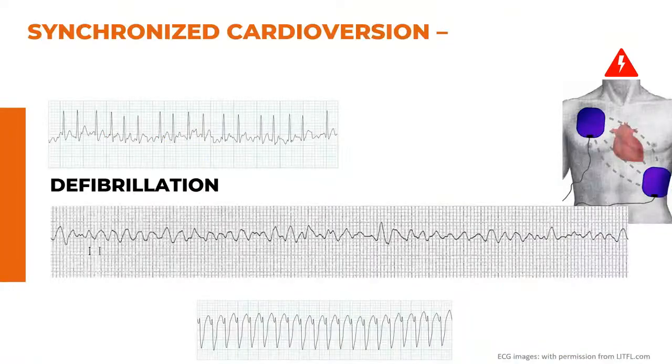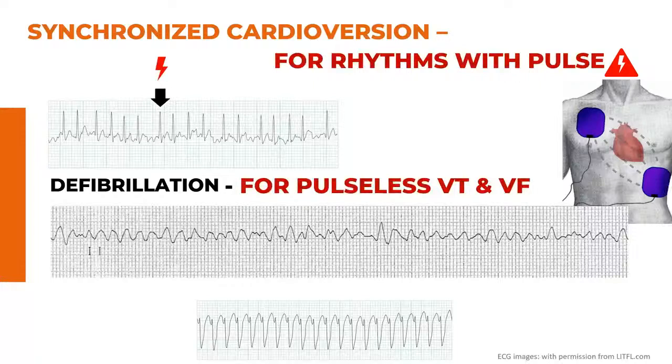So let's talk briefly about the difference between cardioversion techniques, electrical cardioversion for what it's worth. Electricity can screw up a rhythm worse, just like antiarrhythmic drugs can, being proarrhythmic. So synchronized cardioversion is used and indicated for rhythms with a pulse, because we could very easily make these rhythms worse again.